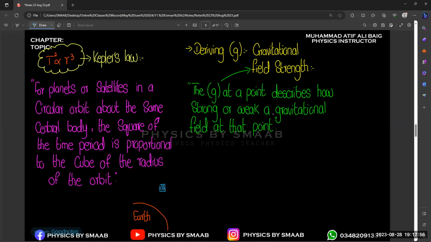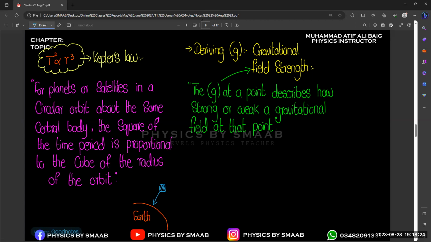Earth will try to attract this object towards the center, because the gravitational field is always towards the center, in the downward direction. One more thing we studied is that gravitational force is always attractive. It is never repulsive, unlike the electrostatic and magnetic forces. So that's why Earth always tries to attract any other object.